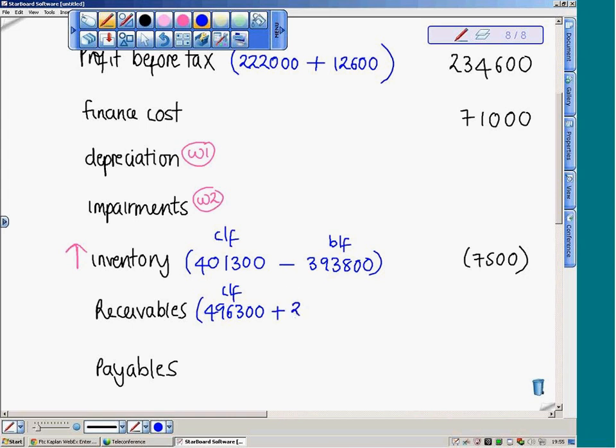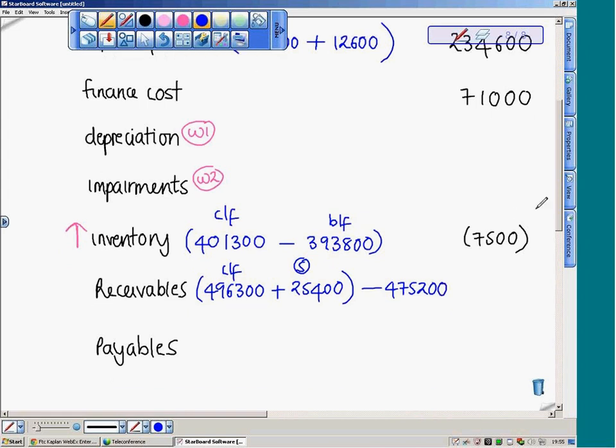I'm going to add the subsidiary's number. Okay, so the subsidiary that's been disposed of, and I'm going to compare that to the brought forward number. Okay, put that through my calculator, what I notice is that receivables have increased. Okay, if the receivables have increased, I can take the assumption that these customers that I'm dealing with this time, they aren't paying me on time. So you can think of that as a negative impact on your cash flow and a reduction there.